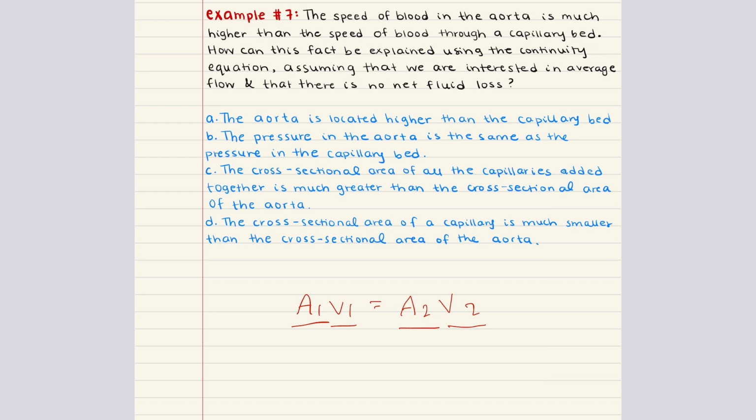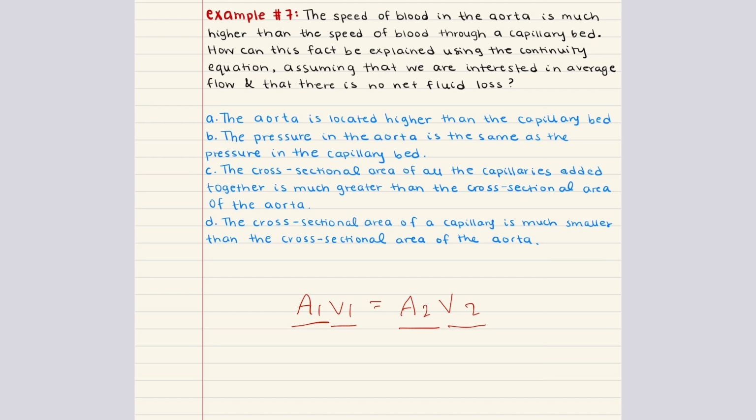Now the aorta has a relatively small cross-sectional area compared to the total cross-sectional area of all of the capillaries combined. Even though each individual capillary is very small, there are millions of capillaries in the body, and together their total cross-sectional area is much higher than the cross-sectional area of the aorta.